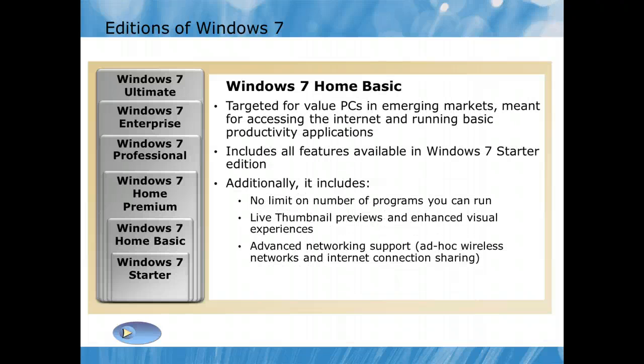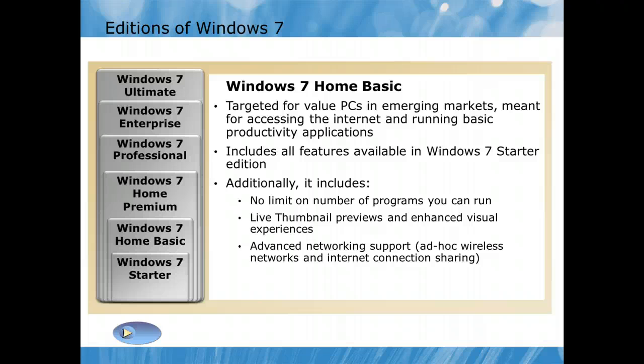So the Starter Edition, the Home Basic, value PCs in emerging markets, and we're not an emerging market. Emerging market, think probably Africa, something like that. For accessing the internet and running basic productivity applications, so it's one that we're not going to be able to do a whole lot with.